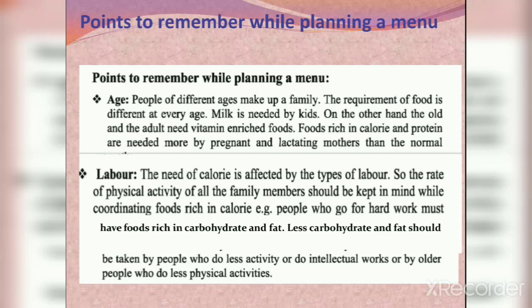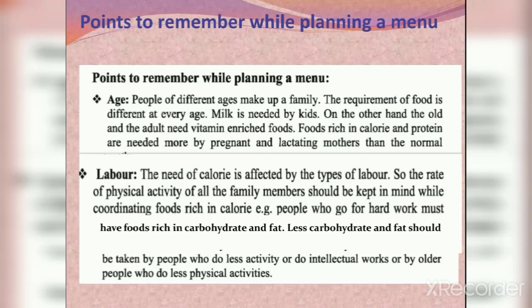The requirement of food is different at every age. Milk is needed by kids. On the other hand, the old and adult need vitamin-enriched food. Foods rich in calories and protein are needed more by pregnant and lactating mothers than the normal mothers.